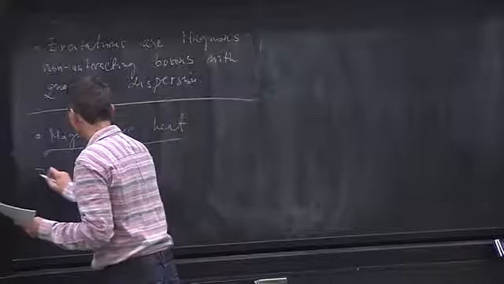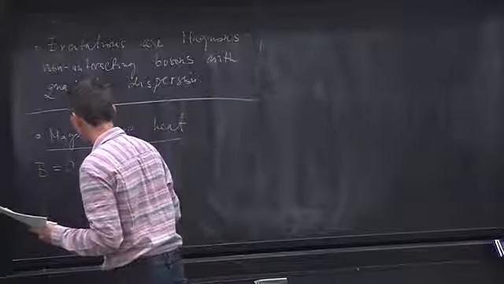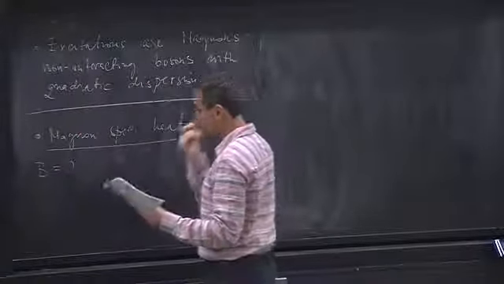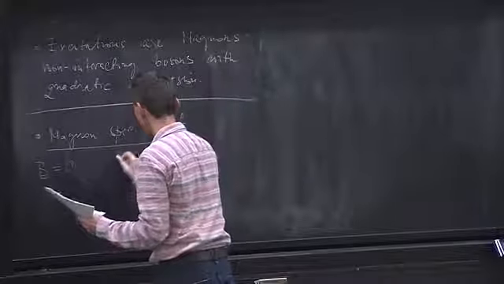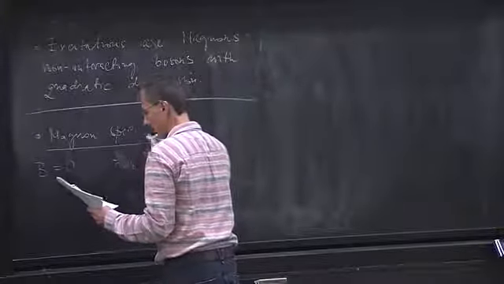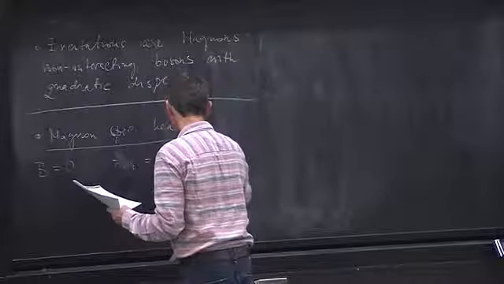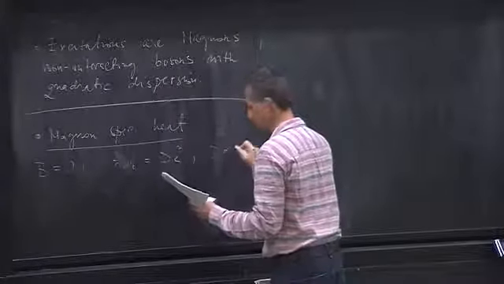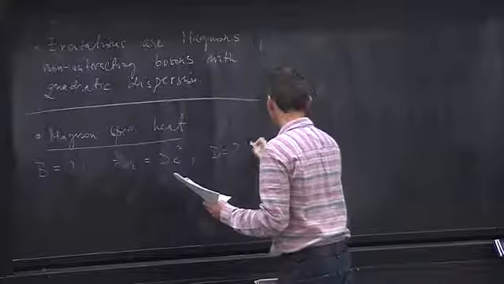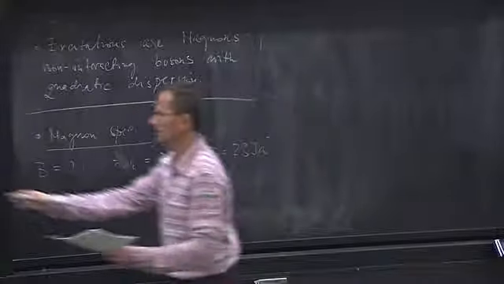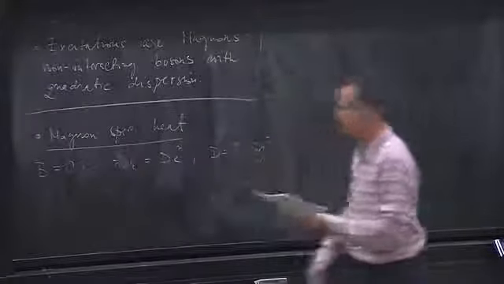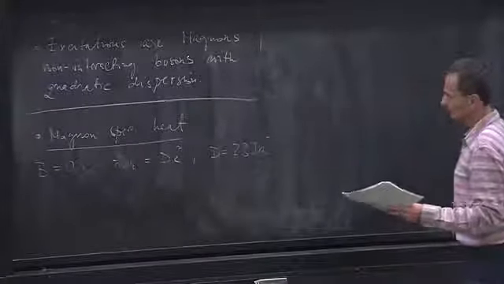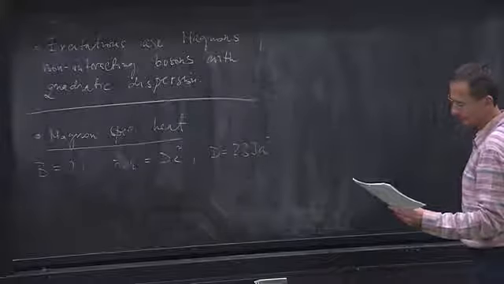So let's do that relatively quickly. Let's take B equals 0. We apply zero magnetic field, and in that case, h bar omega k can be written as D times k squared, where D is 2SJ a squared. I'm just restating this. I'm introducing this constant D so that I don't have to write these symbols all the time.